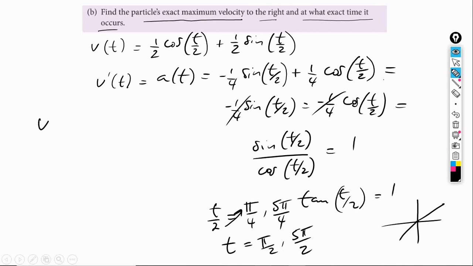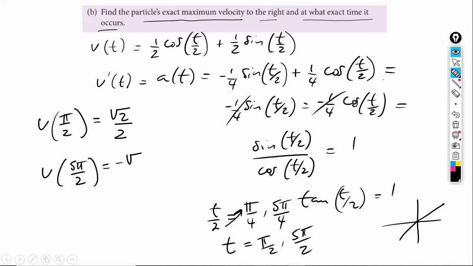If we test the velocity for pi halves, we're going to get square root of 2 over 2. What happens when we plug in 5 pi halves? 5 pi halves is going to give us negative square root of 2 over 2. So this is a positive velocity, and it's going to be the maximum velocity.